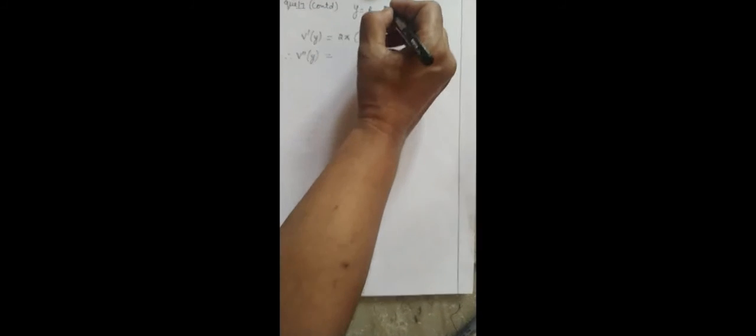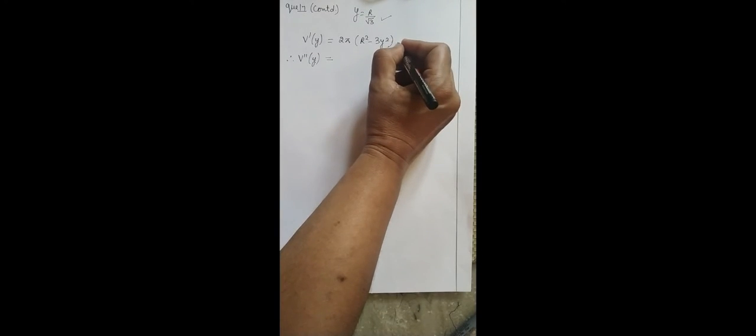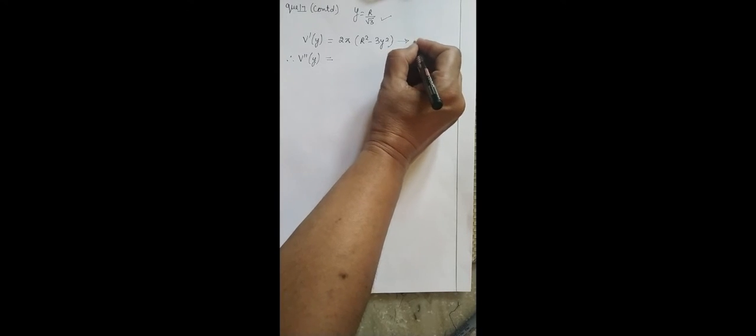So now I have found the value of y as R upon under root 3. Now for finding the second derivative, I differentiate V dash y with respect to y. Let me mark this as equation number 2. I am differentiating 2 with respect to y.